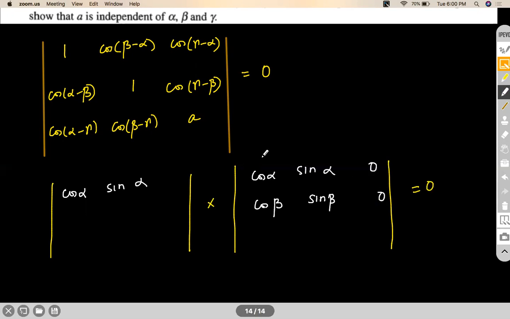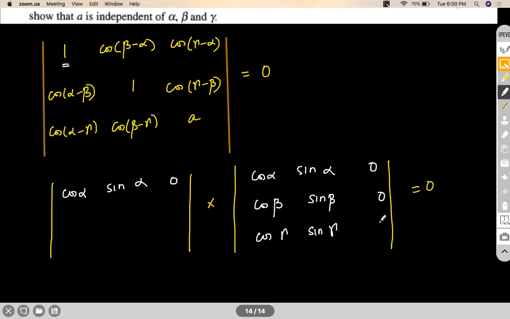If I multiply this with the first row, I get cos square alpha plus sin square alpha, which is this one. If I multiply this with the second row, I get cos alpha cos beta plus sin alpha sin beta, which is actually cos of alpha minus beta or beta minus alpha. And similarly, you can write cos gamma sin gamma.